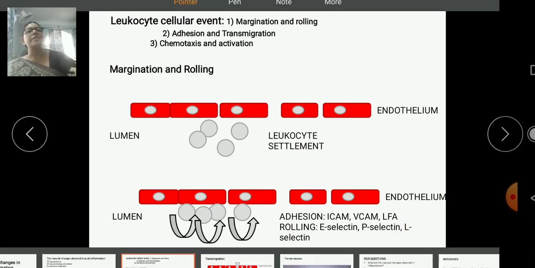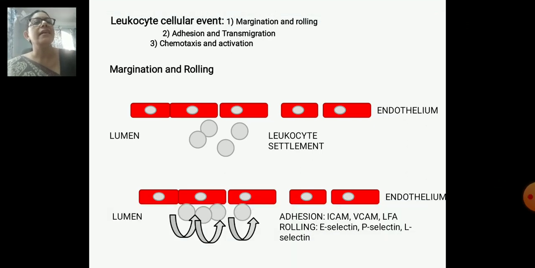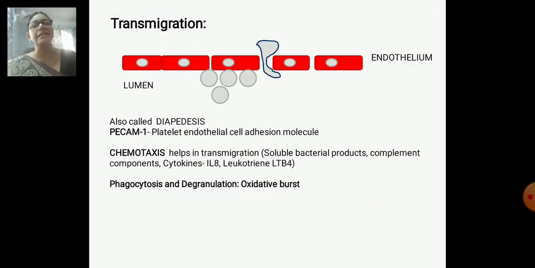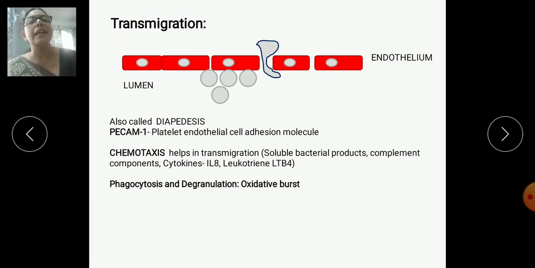The next step that we see is transmigration. In the previous diagram you had seen that it has rolled. This is the lumen. It has rolled and come to the gap of the endothelial layer. What happens then?